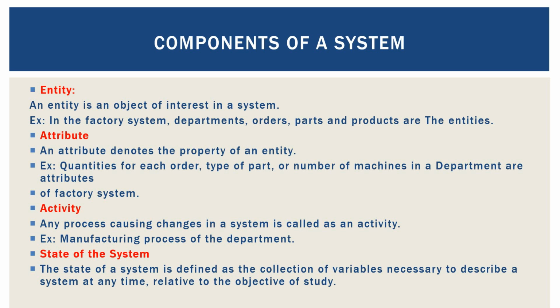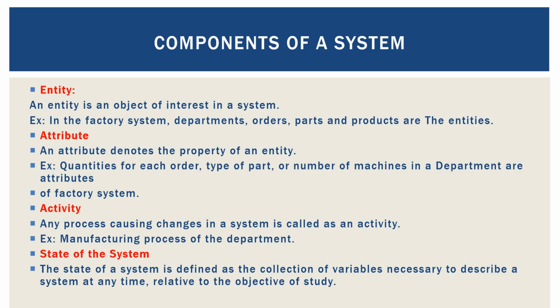Then we have what we call an activity. An activity is any process causing changes in a system. Any process that can cause a change in a system, that's what we call an activity. For example, a manufacturing process in a department. Once we start manufacturing, it causes changes in the system.